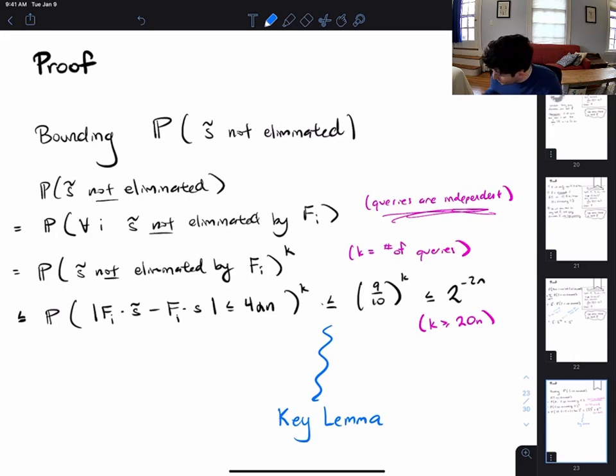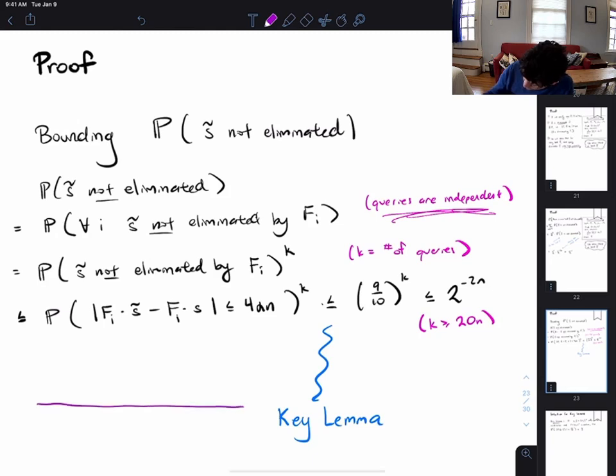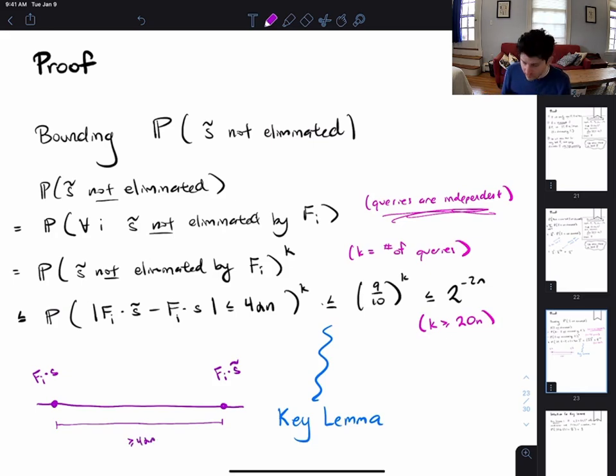One thing that's important to note: why does this mean that it's eliminated? If you think about what this looks like on the line, if this is fi.S and this is fi.S tilde, and they're at least 4 alpha n apart, and this is ai, and it's at most alpha n from fi.S, then clearly with respect to this query, this error is at most alpha n, and so this is at least 3 alpha n, which says that S tilde will have larger error than S, so it can't be chosen by the reconstruction attack.